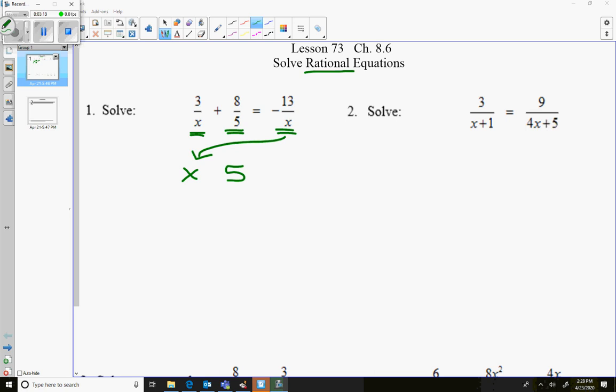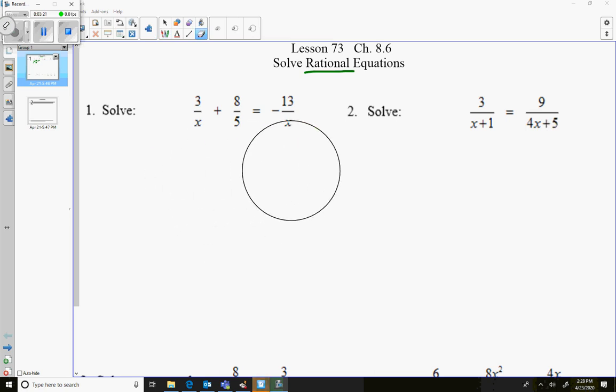I don't want to just get a common denominator of 5x. Instead, we're going to multiply everything by 5x. So the first term gets multiplied by 5x. The second term gets multiplied by 5x. The third term gets multiplied by 5x. The whole point in doing this, cancel the fractions.